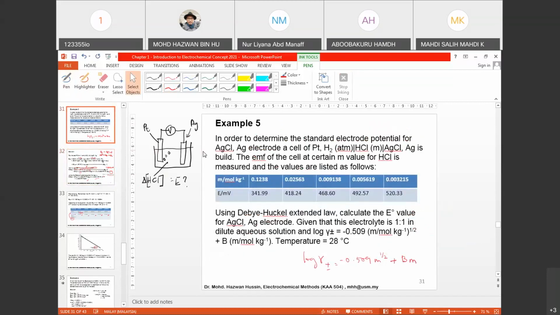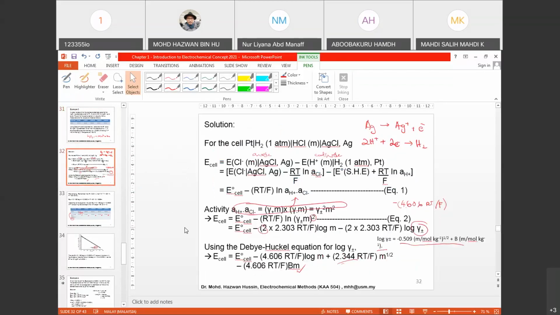So we cannot use Ag, because the potential value will strongly depend on the concentration of acid, which is H plus and Cl minus. So over here, I didn't account for Ag plus, otherwise it's not going to help you.